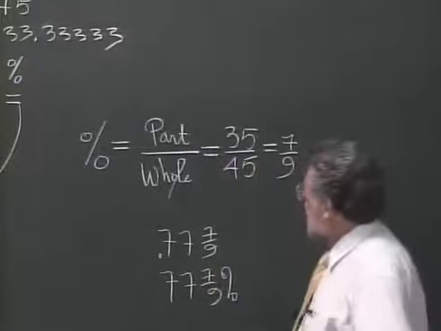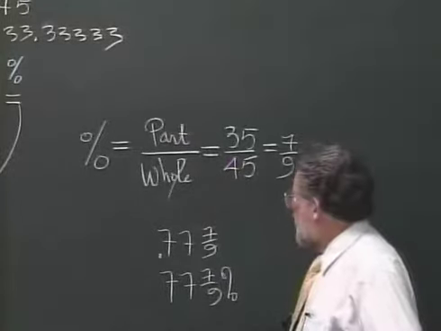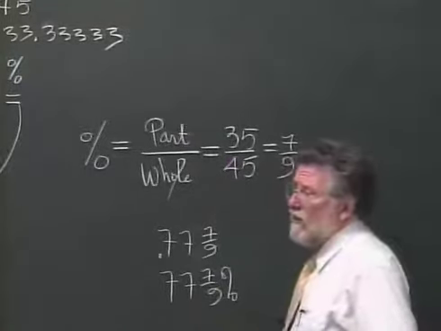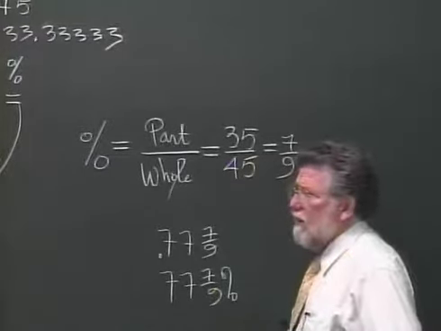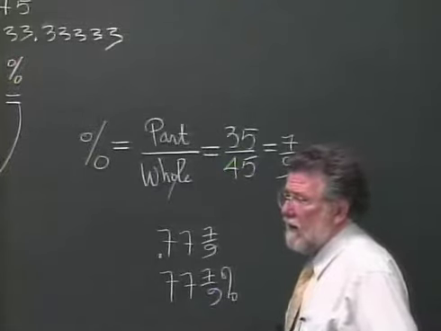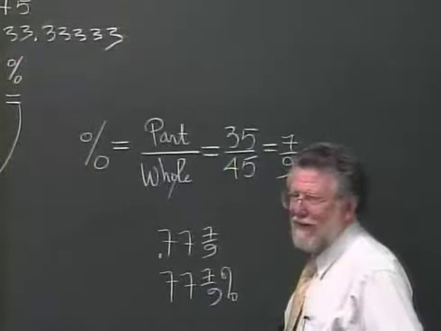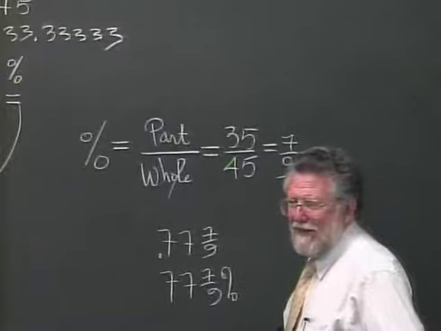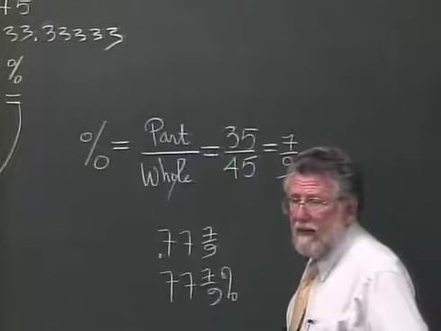If you just wrote 77%, I wouldn't give you full credit, because you're missing nearly 1 more percent. Now, if it was your test grade, you would have asked it the other way. Are you going to round up to 78? Right? So if we round it up, it'd be okay? You could round up to the nearest percent at 78%.